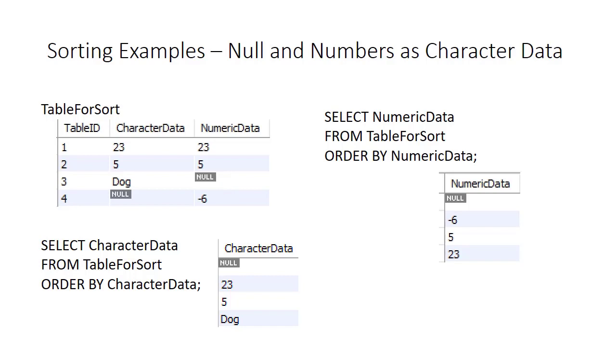So for the character data here, if we order by that field, the null value is always going to go first. And the way that character data is ordered, numbers will go before the letters. For numeric data, also the null will always go first, and then it will sort, of course, negative to positive numbers.